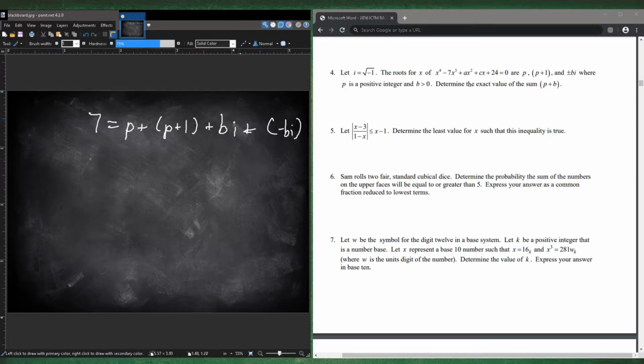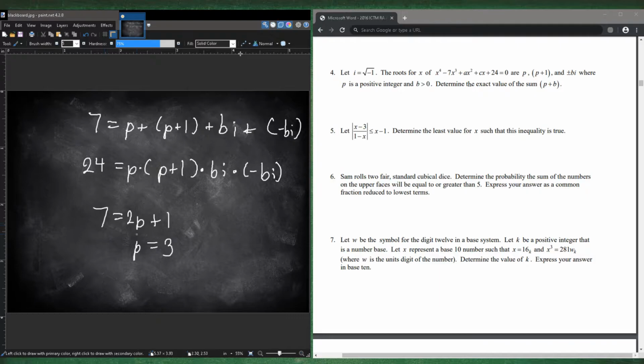And 24, which is our product, is going to be equal to p times p plus 1 times bi times -bi. That's just a property that you need to know. So 7 is equal to 2p plus 1, because the bi and -bi cancel each other out. So p is equal to 3.